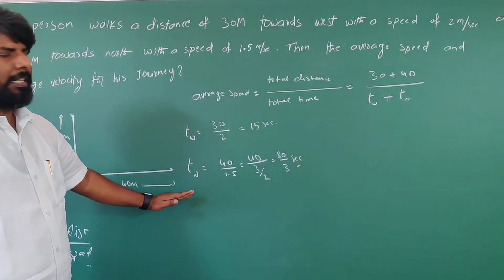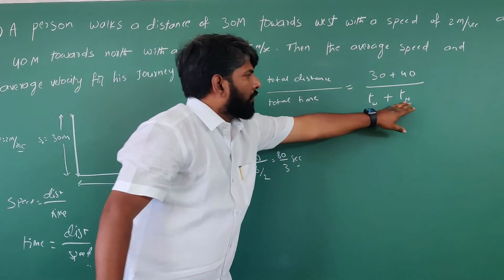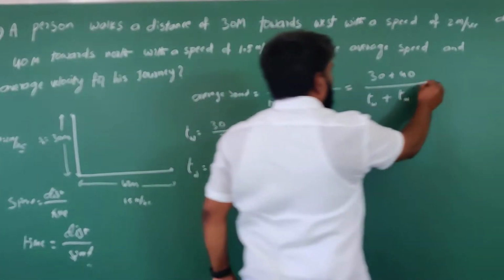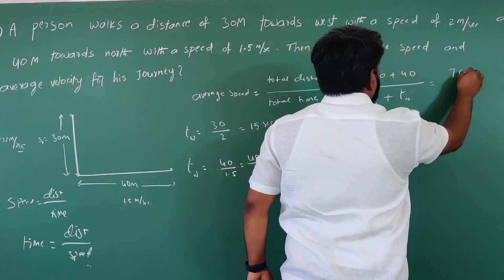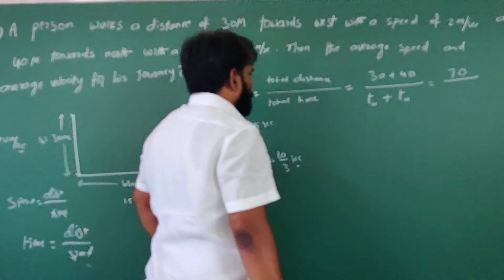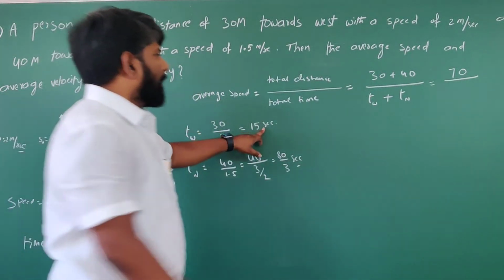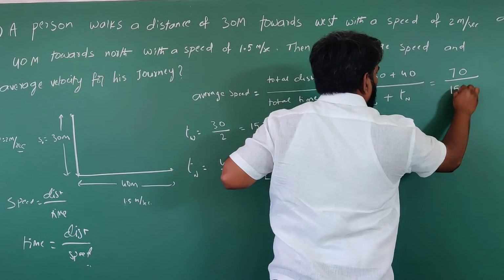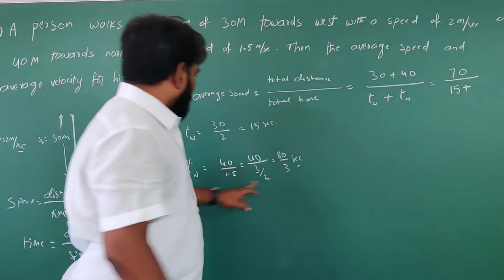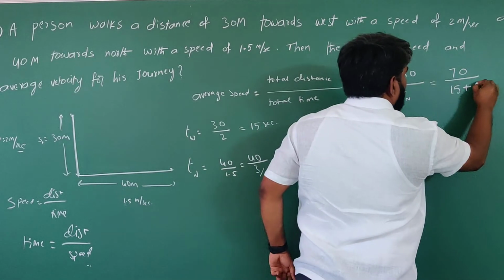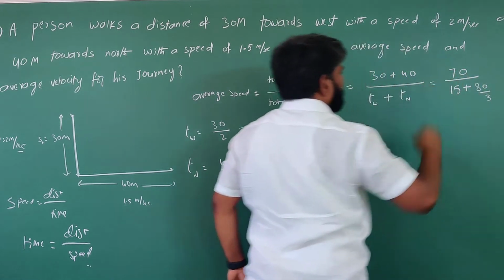Now we have the timings, so we are going to substitute those values here. Total distance, how much? 30 plus 40, 70 meters. Total time is 15 seconds plus 80 by 3.